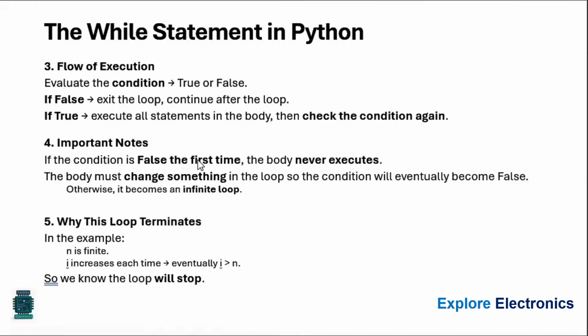And we have important notes. If the condition is false the first time, the body never executes. The body must change something in the loop so the condition will eventually become false.